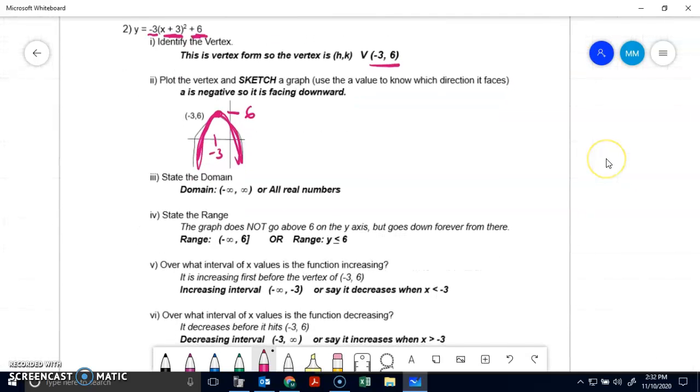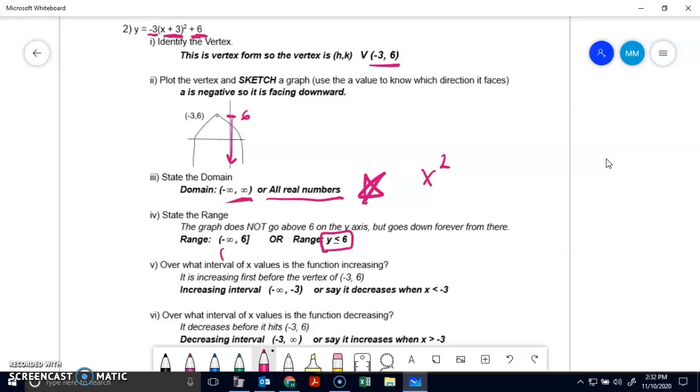So again, domain, all real numbers. That's always the answer. Okay, I'm telling you the answer for the test. For a quadratic, x squared, domain is all real numbers or negative infinity to positive infinity. All right, so then let's go to range. The highest y value I get is 6, and the graph is everything lower than 6. So y is less than or equal to 6 would be the range.